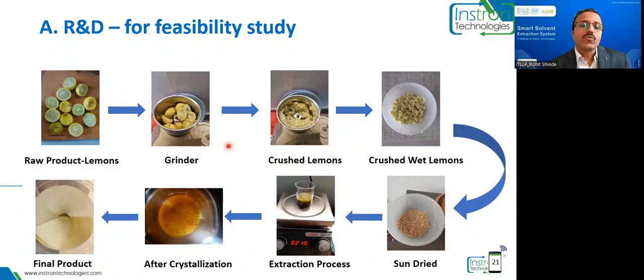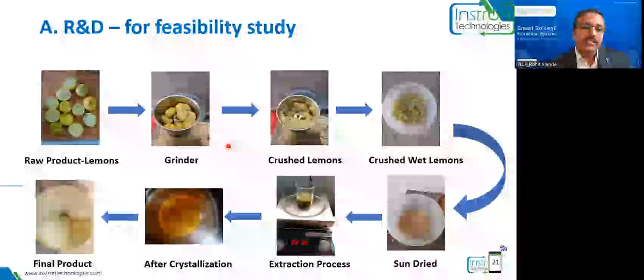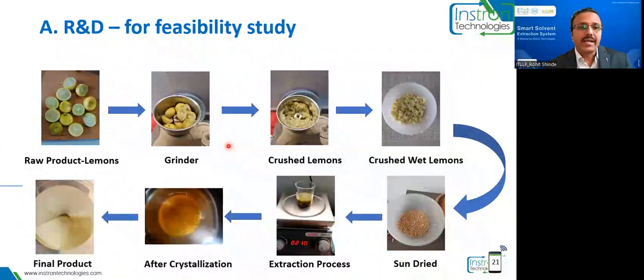Basically, people extract flavonoids from lemon. All over the world, China is dominant in the supply of flavonoids, and even in India we import around 92% of flavonoids from China. We are happy to tell you that we have successfully completed the extraction process from the lemon, prepared the detailed engineering package, and submitted it to our client.